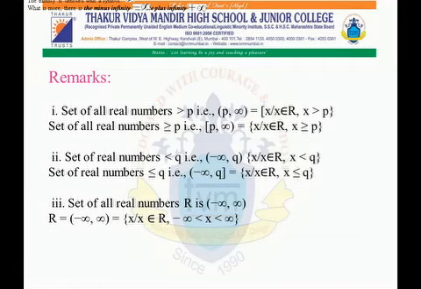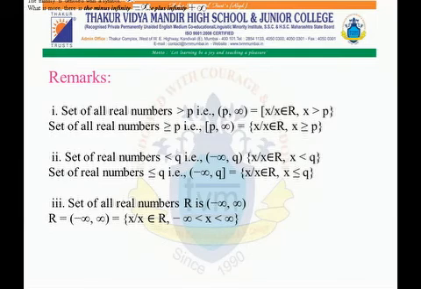When it is given less than or equal to, then we will use closed, but here it is given less than q, so we are using the open interval minus infinity to q, and the set form is x such that x belongs to R, x is less than q. Understood?